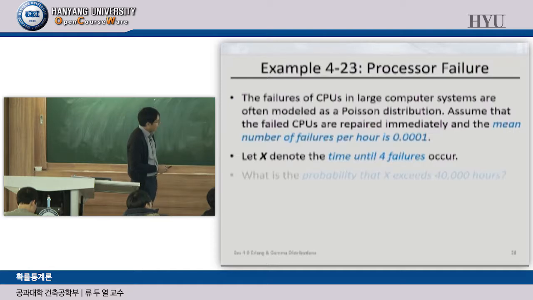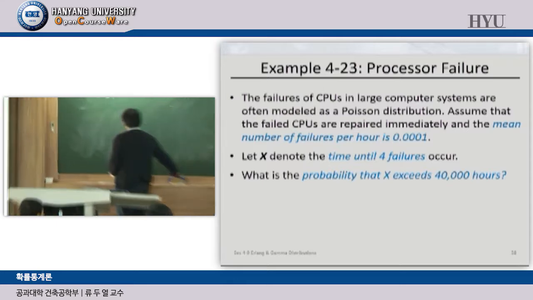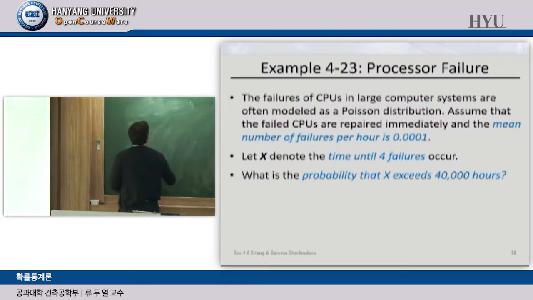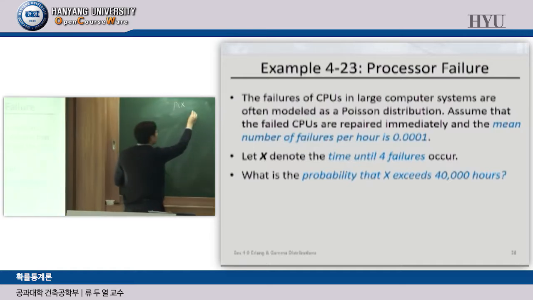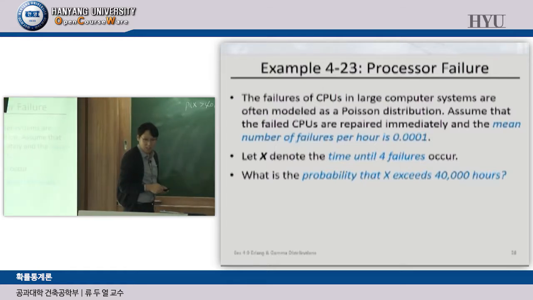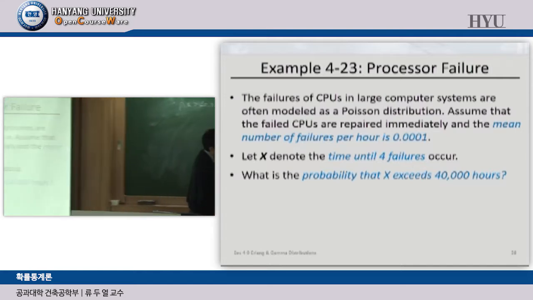What is the probability that X exceeds 40,000 hours? In that case, we have to calculate the probability of X when X is larger than 40,000 hours.